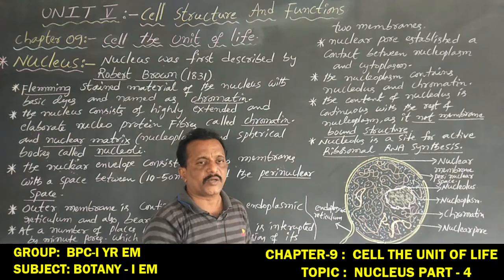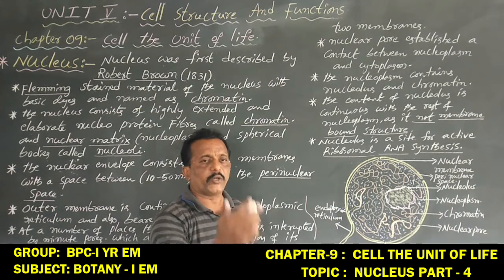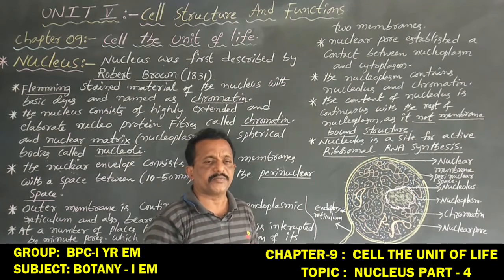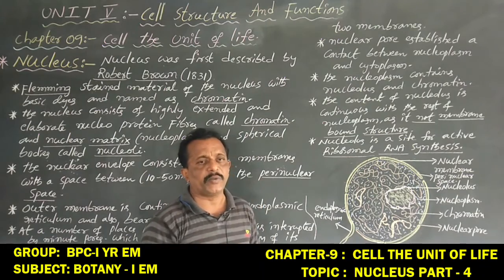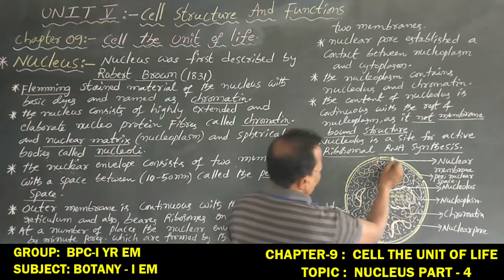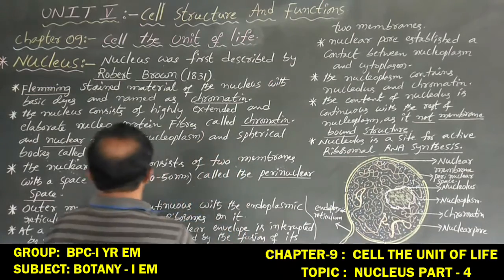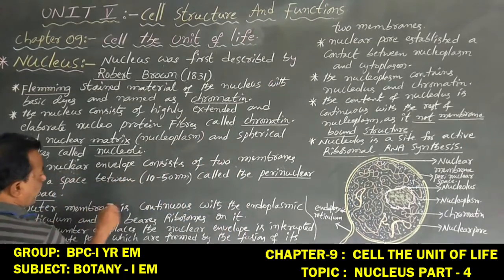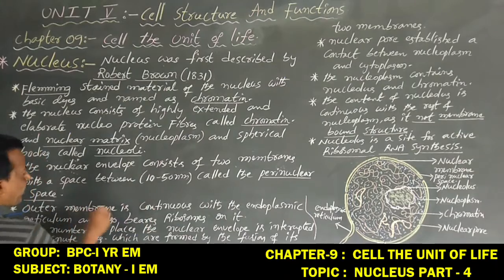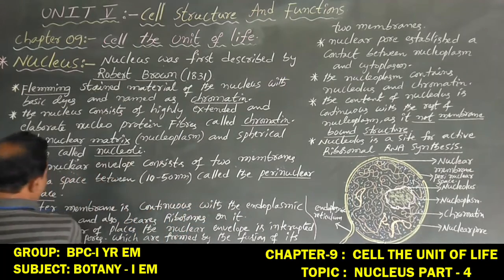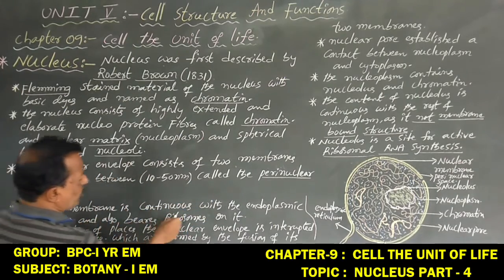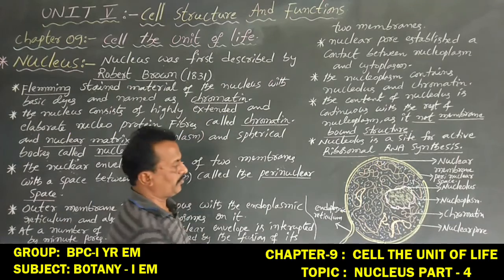Anyhow, chloroplasts are double membrane bound structures, mitochondria are double membrane bound structures, and the nucleus is also a double membrane bound structure. Here, the outer membrane is continuous with the endoplasmic reticulum, and also has ribosomes on it.